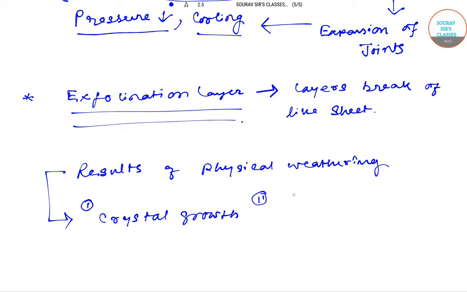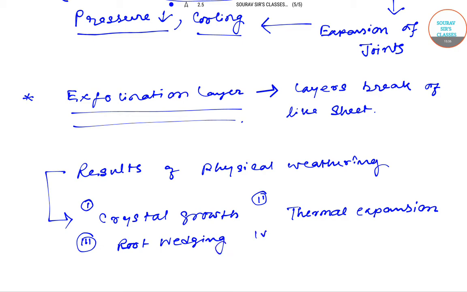The second one is the thermal expansion. The third one is root wedging. The fourth one is this; all are the types that result from this physical weathering or the breakage of rock. Okay, so I will explain it later.